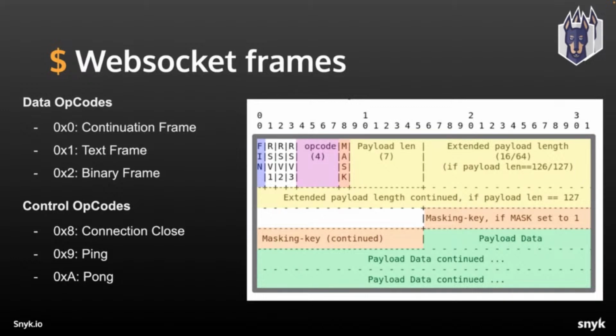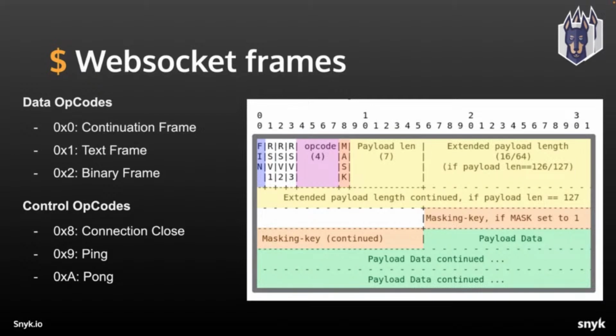We have then text frame, which is specified when we want to send text data, and then this will be represented as UTF-8. Then we have binary frames, which is good if we're sending arbitrary binary data. So, it doesn't have to be strings or JSON format. We could be sending raw images or video streams or any arbitrary binary data.